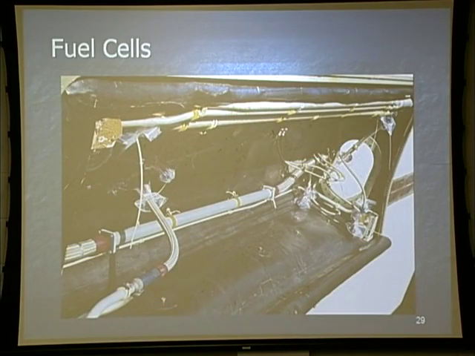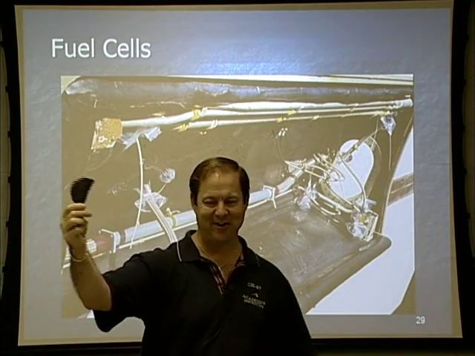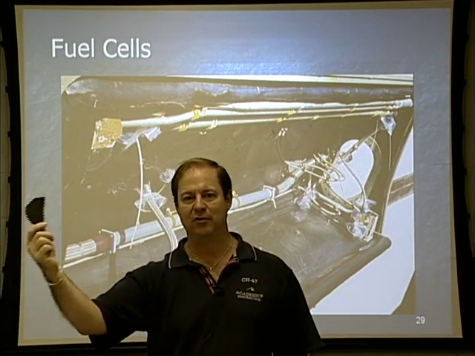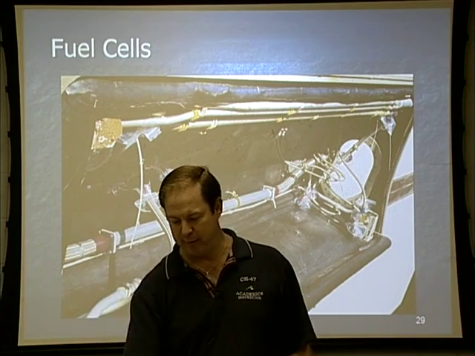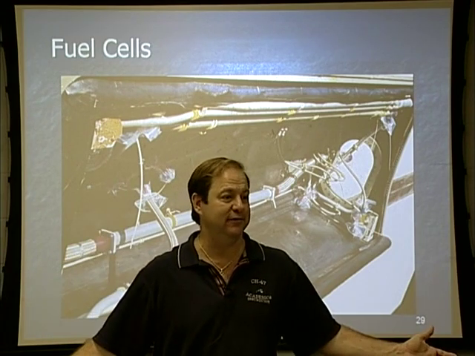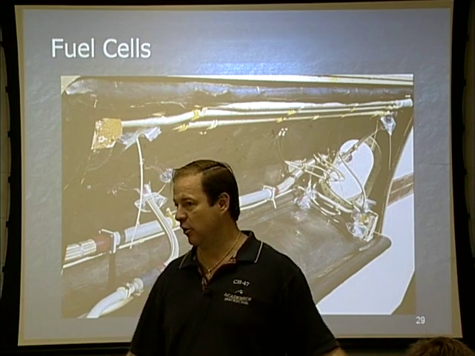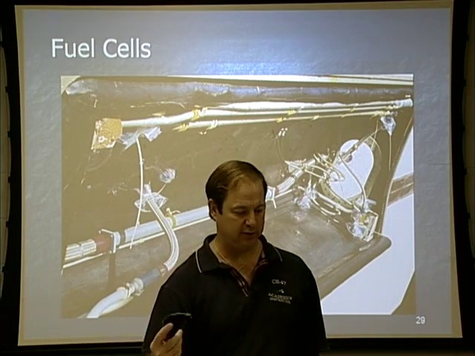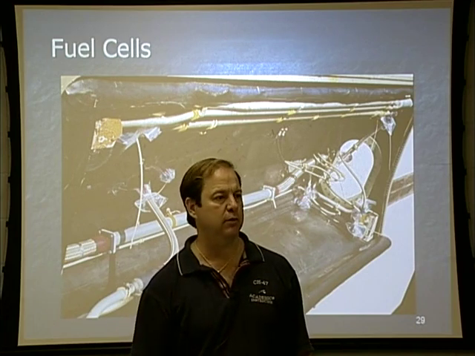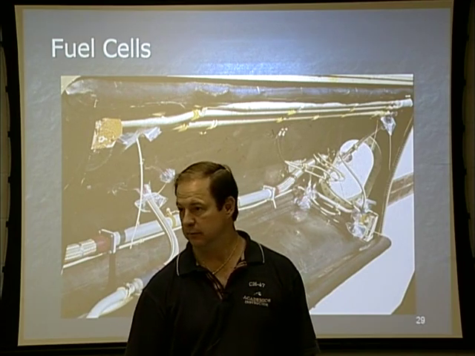The other thing that makes this system crash-worthy is inside we have a bladder system. Why a bladder system? Everybody complicates this stuff, but why a bladder system? It's nothing more than a big bag. That's all it is. So that when we have a hard landing or we crash, this bag is going to do several things. One, it's going to absorb the shock.